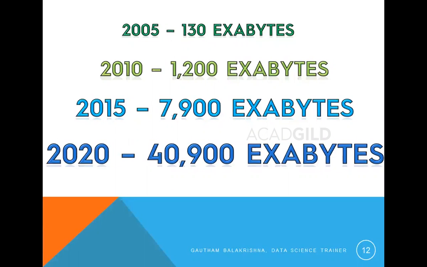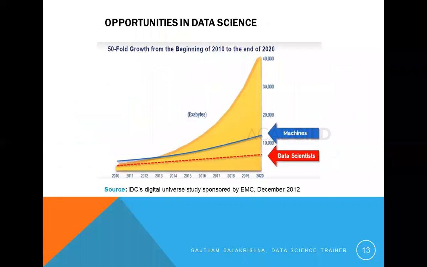When I was talking about the volume of information that we are dealing with and the variety of information that we are dealing with on a day-to-day basis, it is so huge. And the systems today have come to a stage where, this is an analysis that was done by a company called EMC. It was sponsored by EMC.